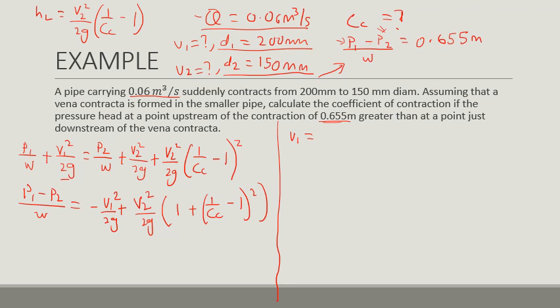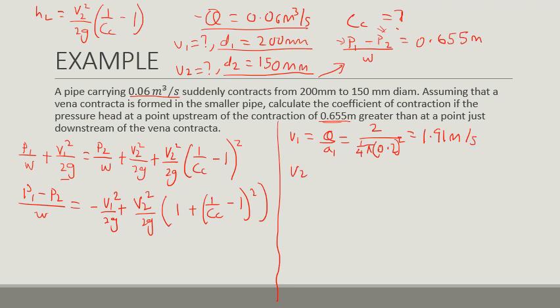V1 will be equal to Q over A1, which is equal to 0.06 over 1 over 4 pi into bracket 0.2 square, and that will give us 1.91 meter per second.